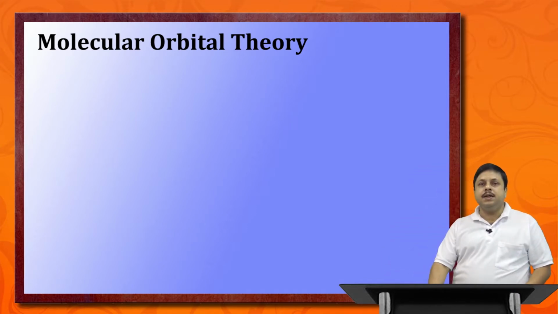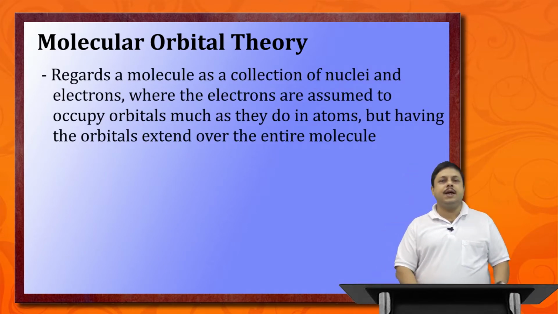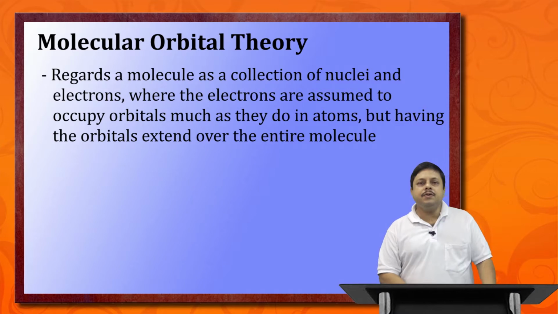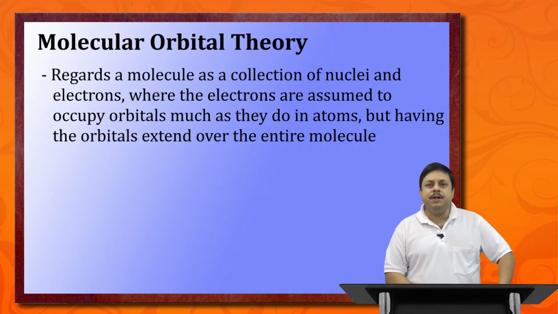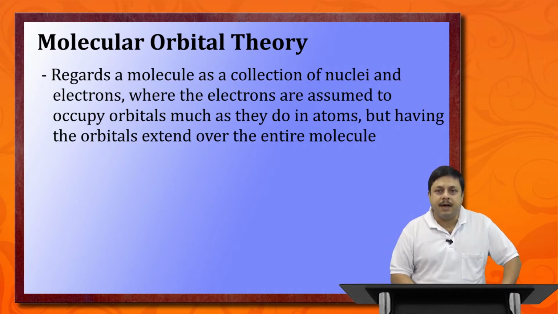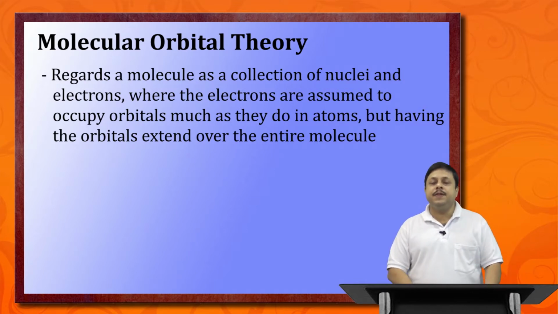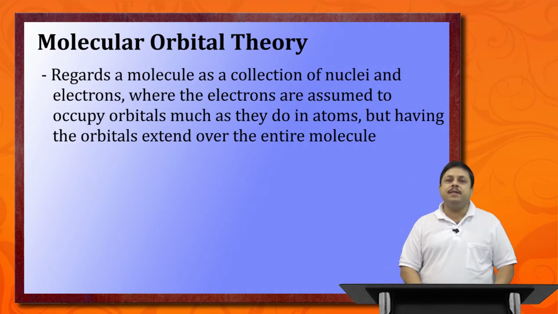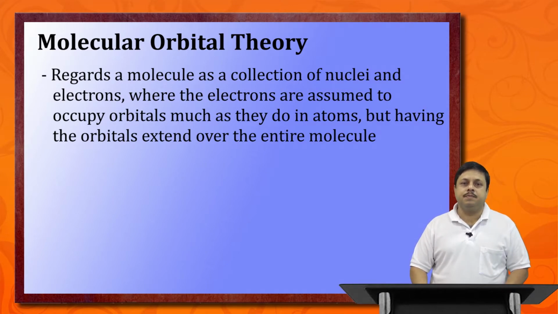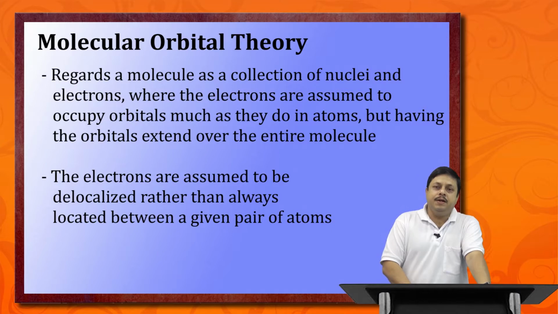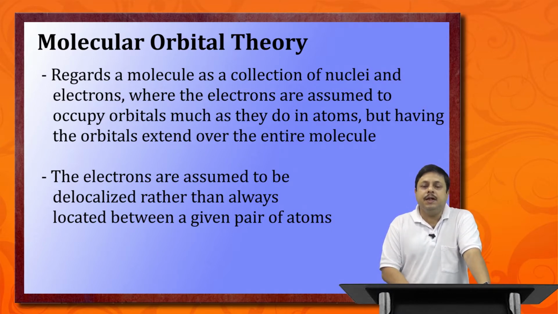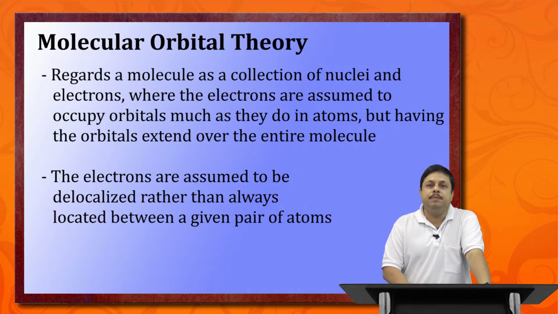Molecular orbital theory essentially thinks of a molecule as a collection of nuclei and electrons, and these electrons are assumed to be occupying orbitals very similar to their occupancy in atoms. These orbitals, the molecular orbitals, span the entire molecule, not just individual atoms. So the electrons are assumed to be delocalized, spread between the atoms that constitute this molecule.